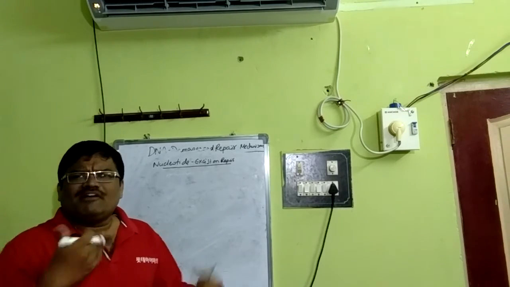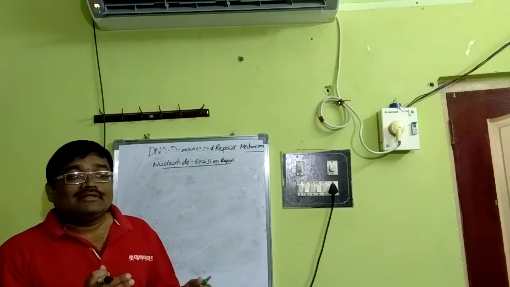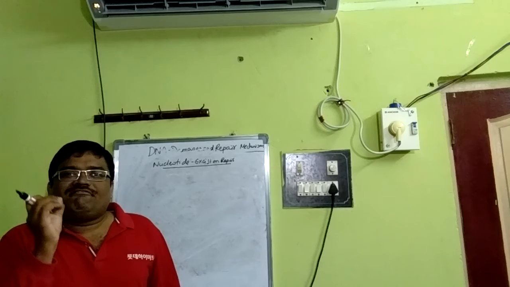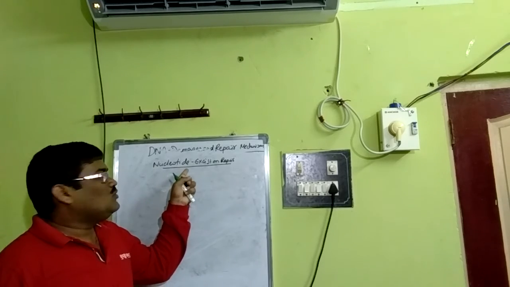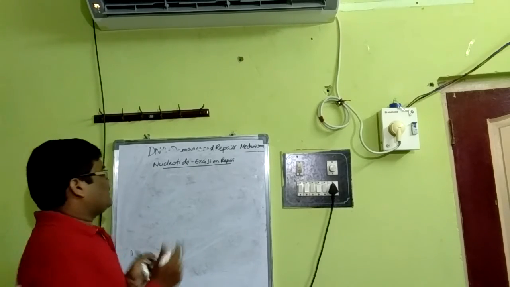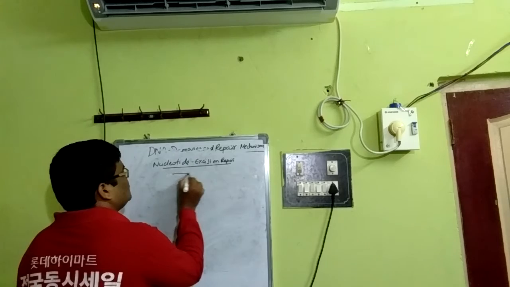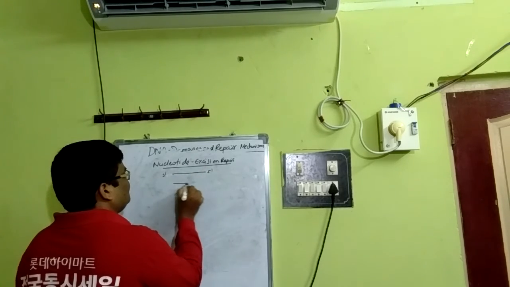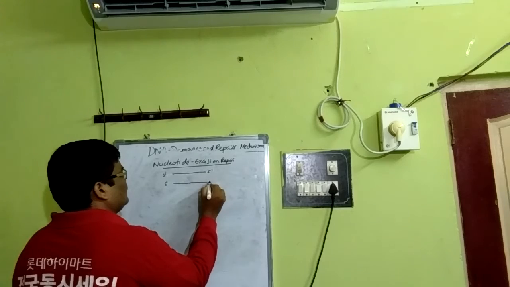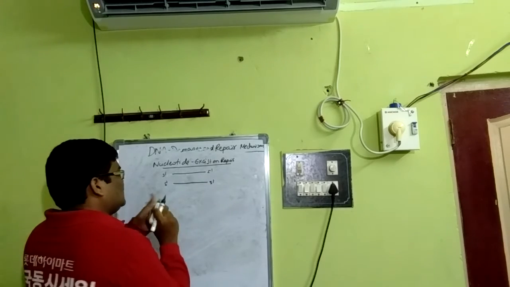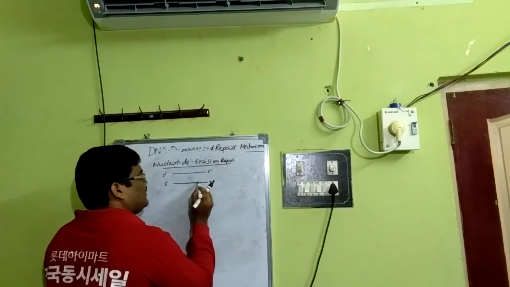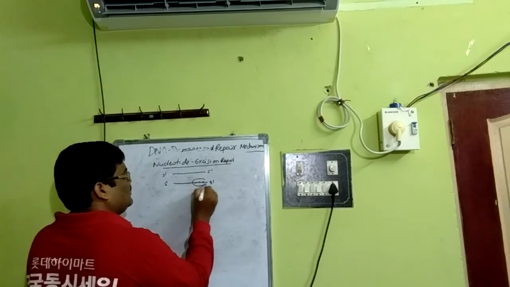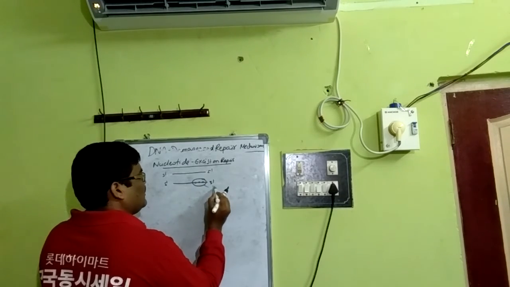Even the DNA strand will break. So they have long-term effects, and these large-scale damages are effectively repaired by nucleotide excision repair. How? For example, this is a normal DNA. So these are defective bases, the defective part.